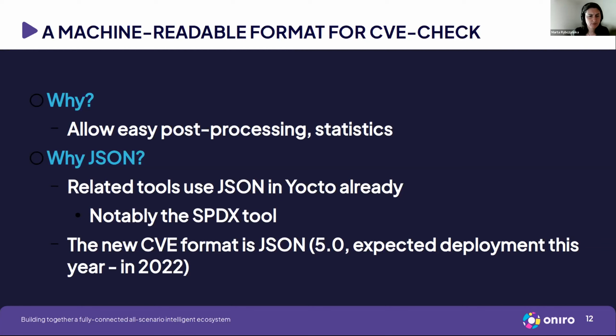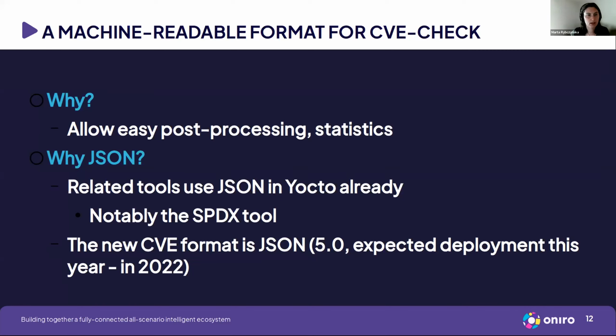And then the new CVE format that's going to be deployed in version 5 this year is JSON and includes quite many data fields from the NVD database. So there would probably be some kind of migration at some point, and we can reuse it when we have a similar format for the data.